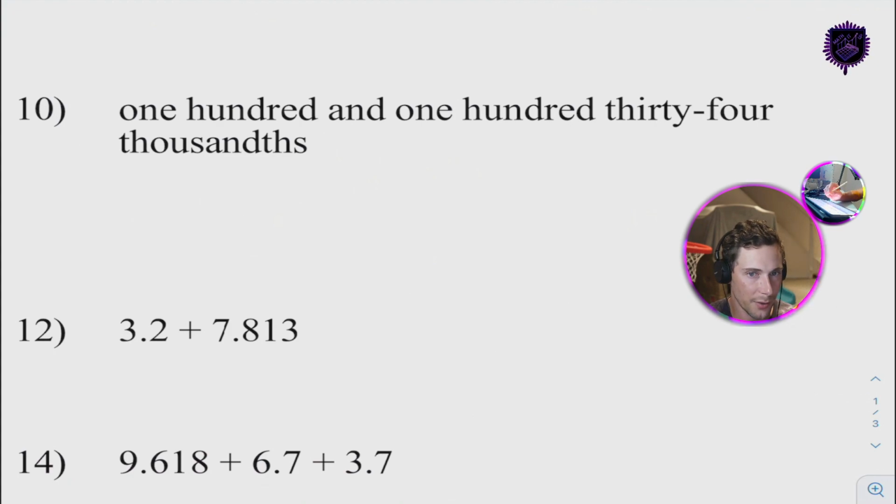And then you hear the and, because that says that's a decimal point. So let's write that. 100 and 134 thousandths. 134 thousandths. There it is. That's it.